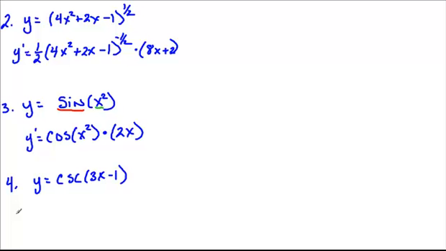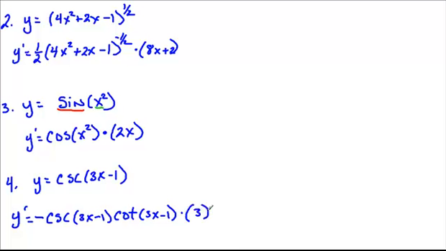So once again, we take the derivative of the outside, which is cosecant, and multiply it times the derivative of the inside. Well, if we remember, our derivative of cosecant is negative cosecant, then keep the angle, cotangent, keep the angle, times the derivative of the inside, which in this case is just 3.